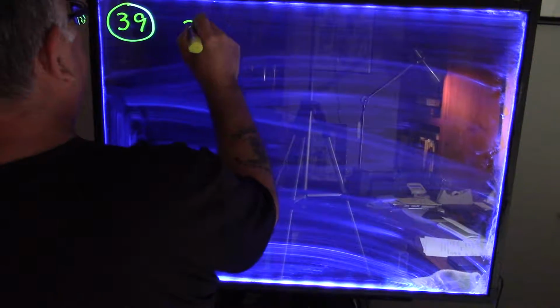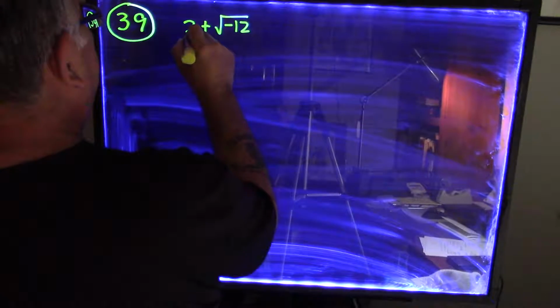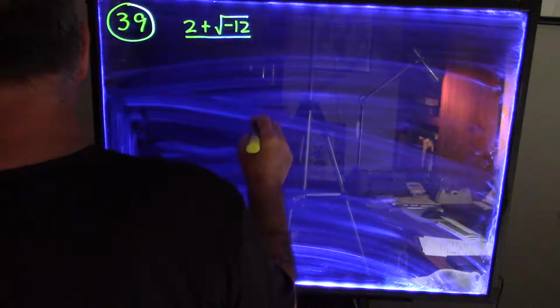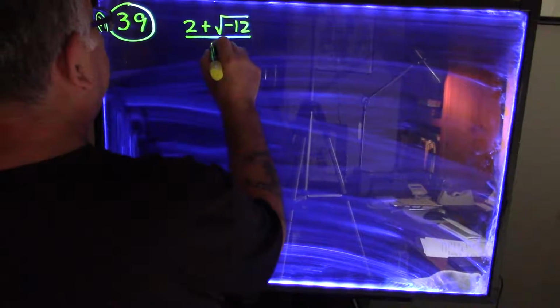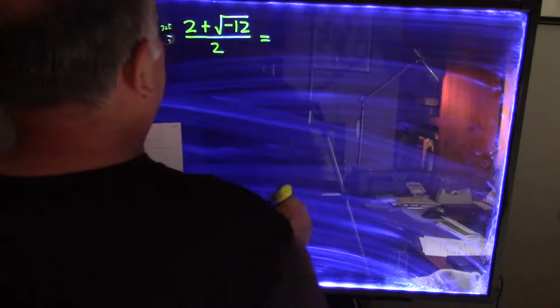Number 39. 2 plus square root of negative 12 divided by 2. So what I'm going to do is simplify the numerator first.